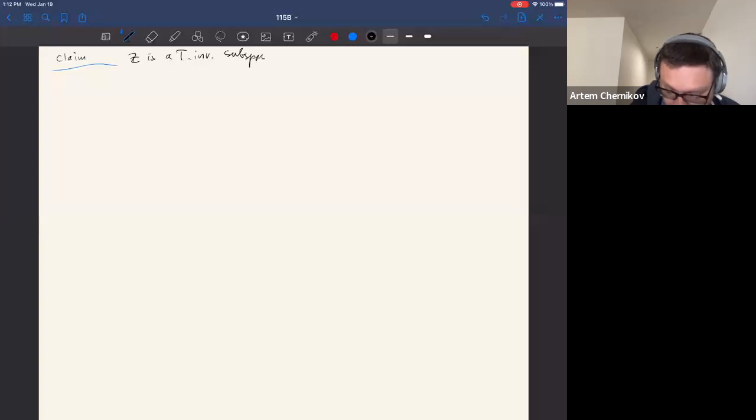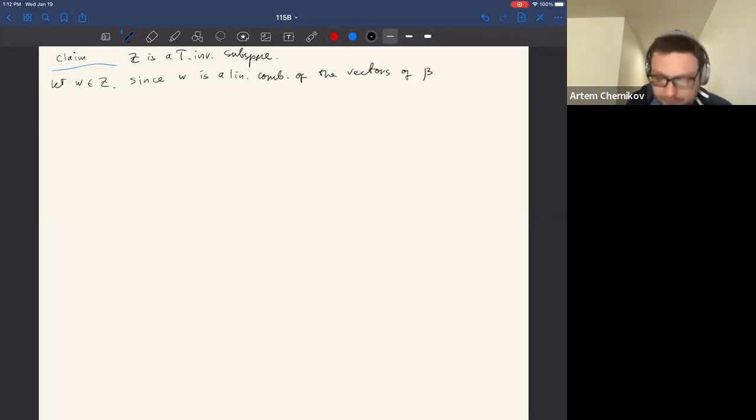To check it, we just use the definition of T-invariance. So let w be any vector in Z. By definition of Z, w is a linear combination of the vectors of beta, because Z is just the span of beta.